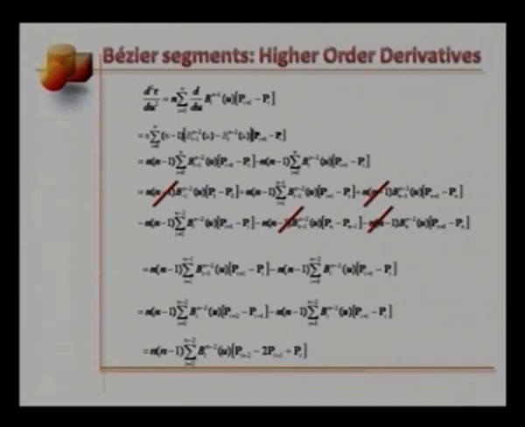If you carefully observe, this is actually p i plus 2 minus p i plus 1 minus of p i plus 1 minus p i within parentheses.